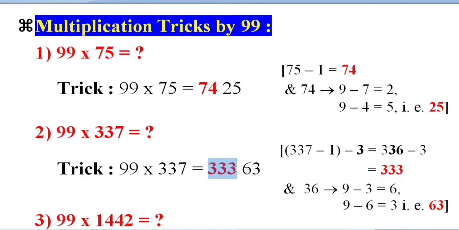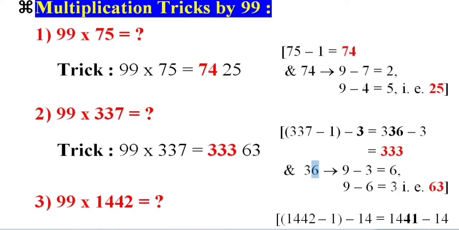Write down 333 and 36. This 36: 9 minus 3, this 3, equals 6, and 9 minus 6, this 6, equals 3. That is 63. Write down 63 besides 333.